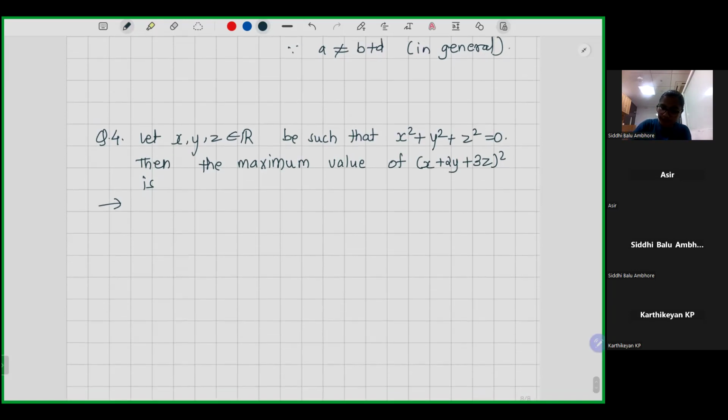So we can take V to be R3 with the standard inner product.